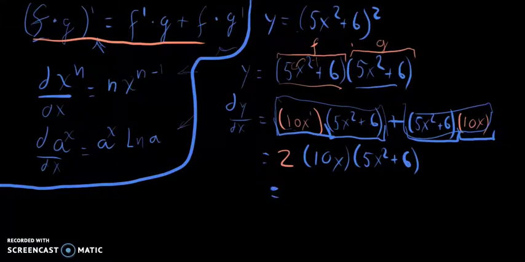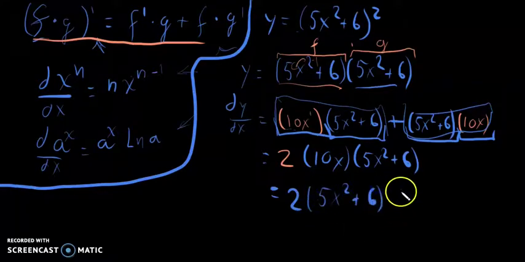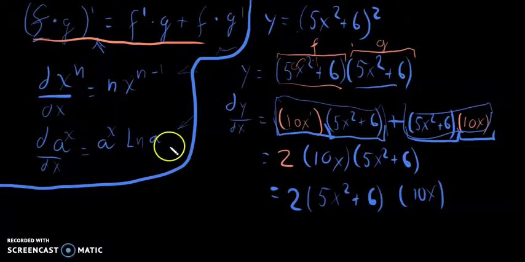Now, here's the interesting part. We can just rearrange this a little bit more. Put the 2 here, 5x squared plus 6 times 10x. Here's the interesting part. Let's compare this to what we started with, right? Let's compare this.